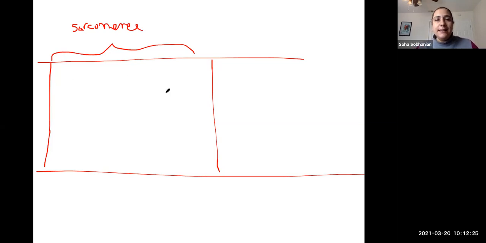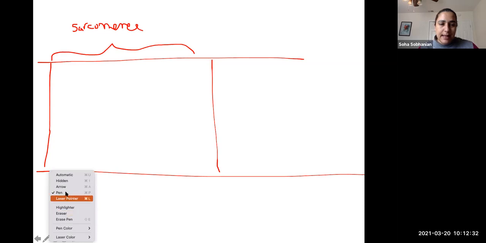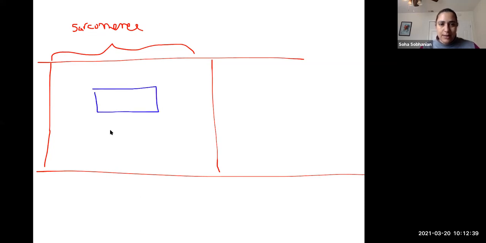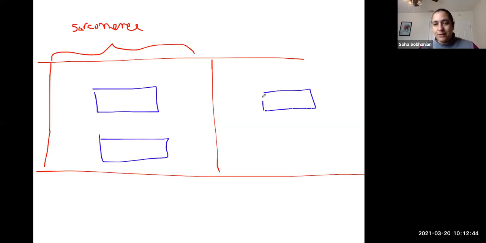Now, inside the sarcomere, we have myofilaments. And they are two types, actin and myosin. So here, what I'm drawing as these boxes, and this is a really simplified version, guys, these boxes are my myosin, which is basically, again, my thick filament.